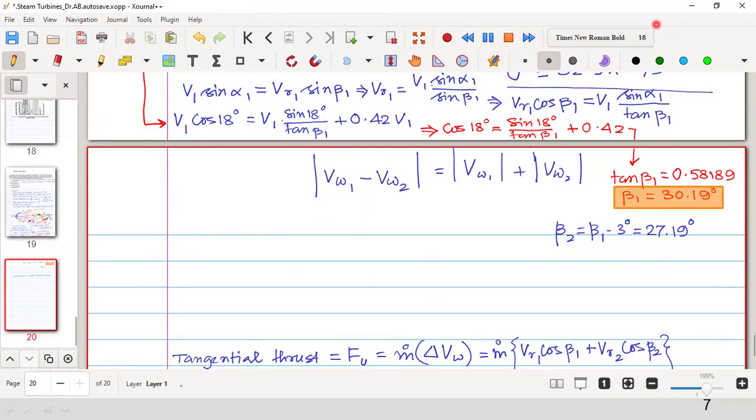So beta 1 also we have got. Sorry, beta 2 also we have got.